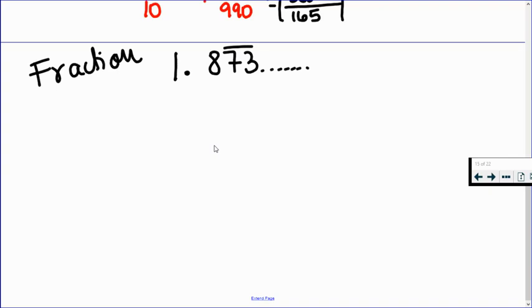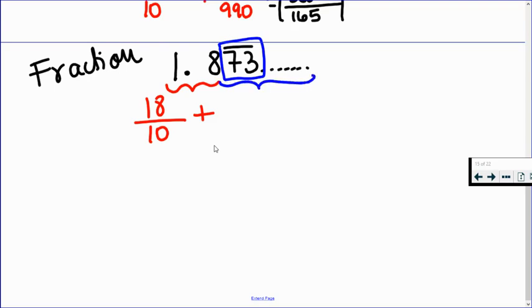First, I'm going to identify the infinite series, which is this. I'm going to take this item separately and write that part as a fraction, and I'm going to add some fraction that represents the repetitive part of this.